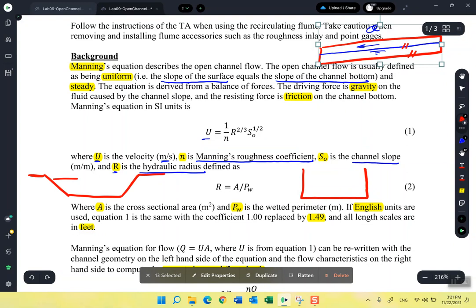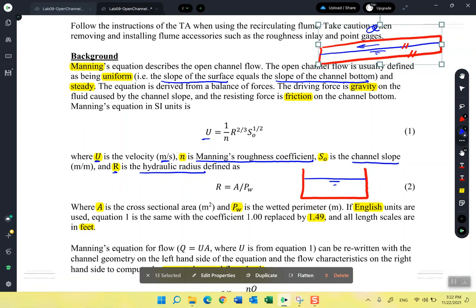It was something like that, right? So in this case, our channel isn't trapezoidal, it is a rectangular channel, and the water surface should be inside this section. Let's say that it's in this location.